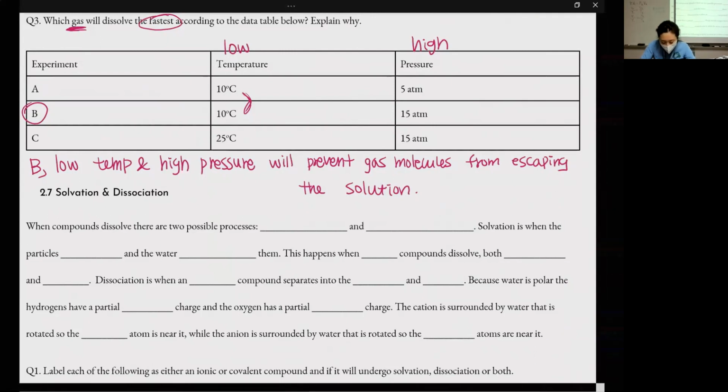When compounds dissolve, there are two possible processes. The first one would be solvation, and dissociation will be the second part. So solvation is when the particles dissolve and the water surrounds them.